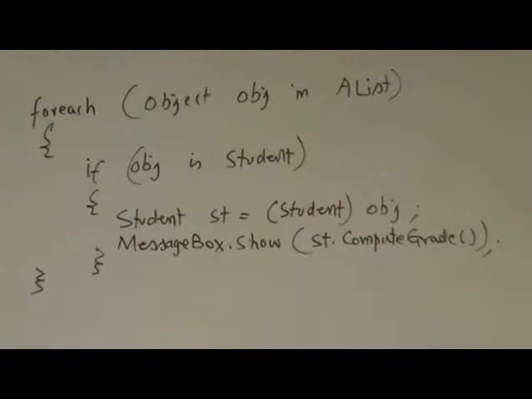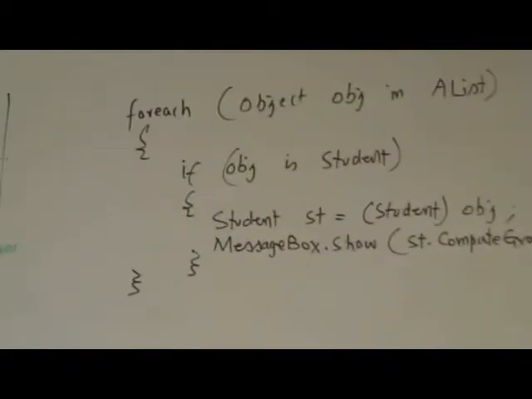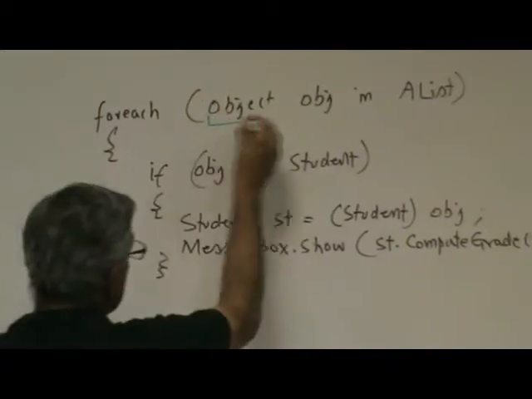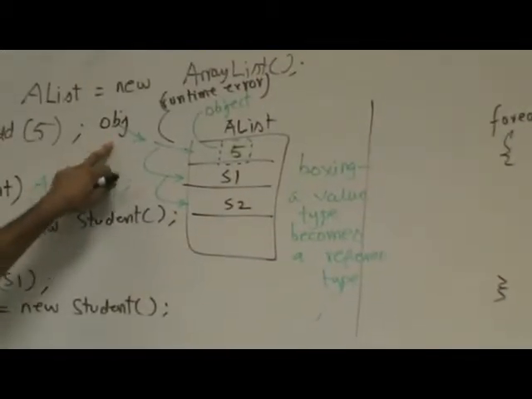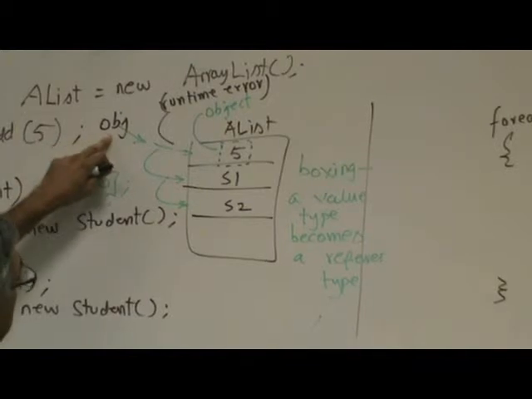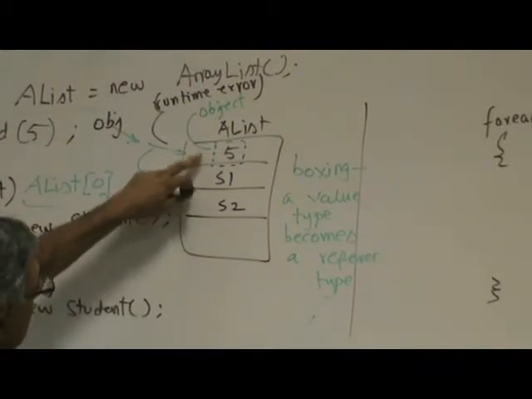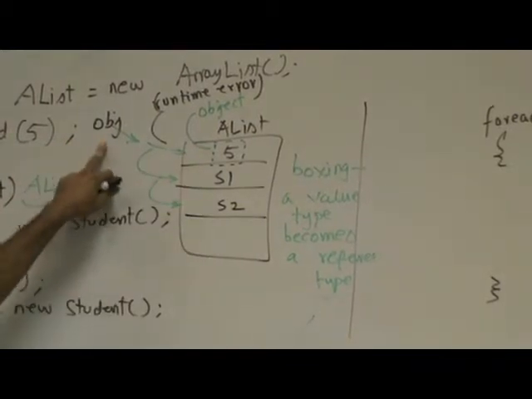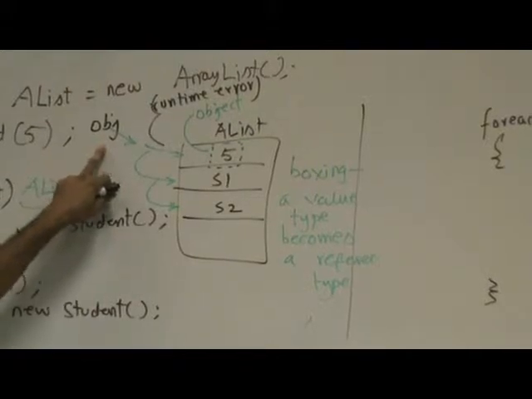Let's try to understand what this code is doing. For each object obj, so we are using an obj type of reference. Can it point to everything in our list? Since object is the base class of everything, sure it can.